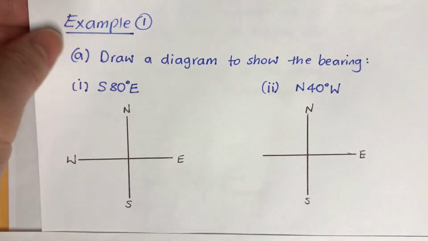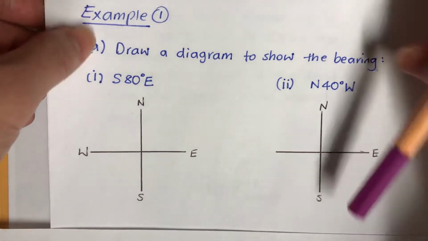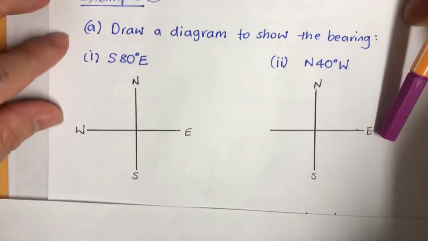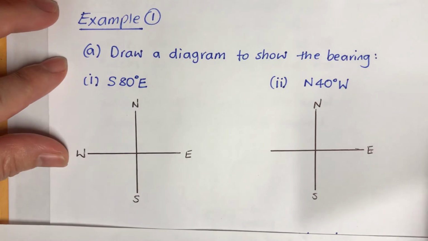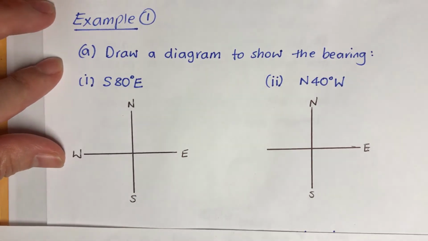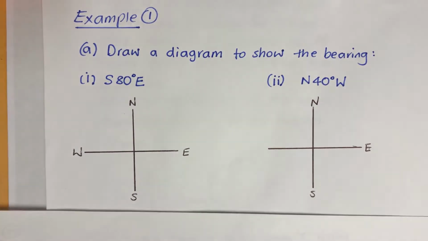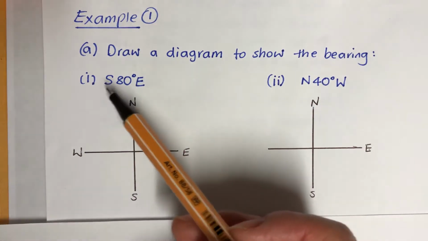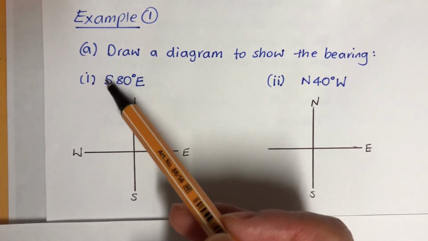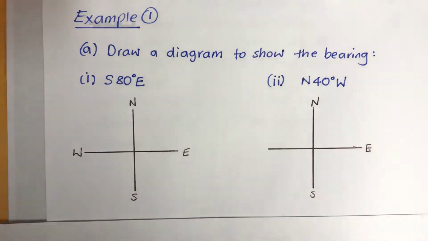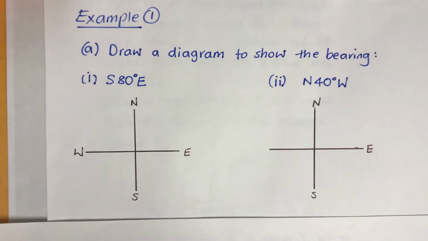First example. Draw a diagram to show the bearing. So this one is a compass bearing, isn't it? In between. It starts from south and it's 80 degrees east. So how do we do this?